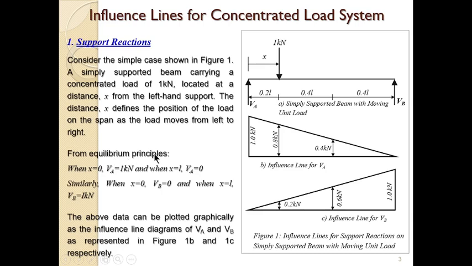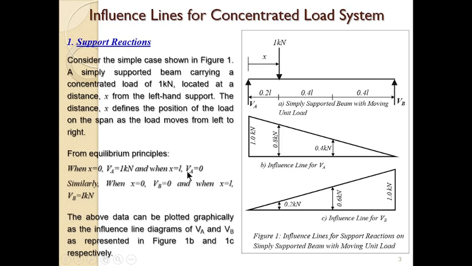From equilibrium principles, when X is 0, that means this 1 kilonewton load is directly on top of VA. So when X is 0, using the concept of equilibrium, VA will be equal to 1 because all this load is directly on top of VA. So the reaction at A will be 1. And when X equals L, that means the 1 kilonewton load will be directly on top of VB.